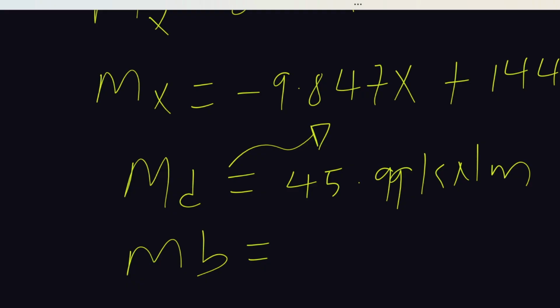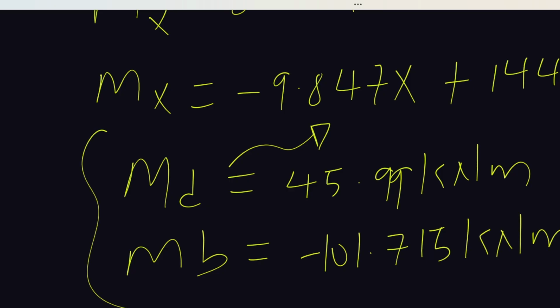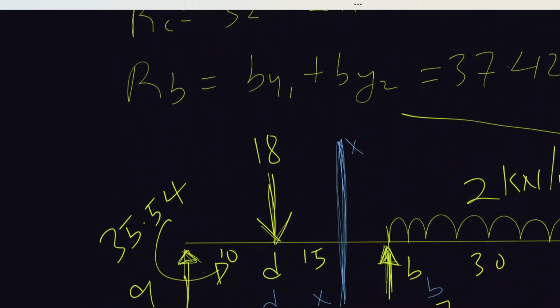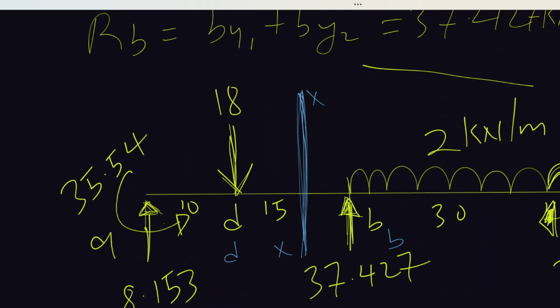So placing it, we'll be having minus 101.705 kilonewton meter. You know this, keeping it in mind. Now, which other points do I need to know the bending moment? I know bending moment for A, D, and B now. I also know bending moment for C, which is minus 174.